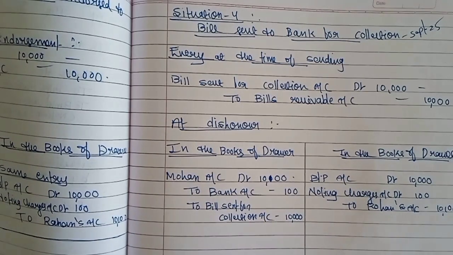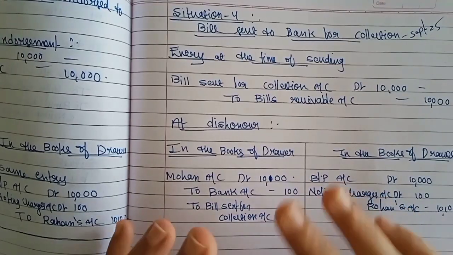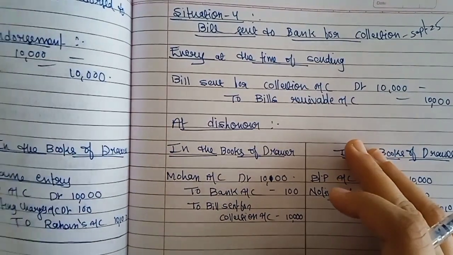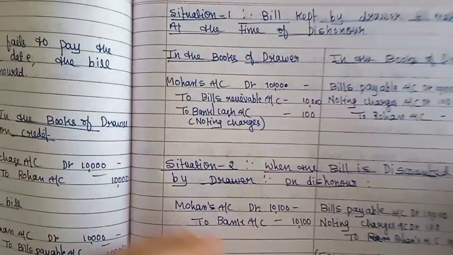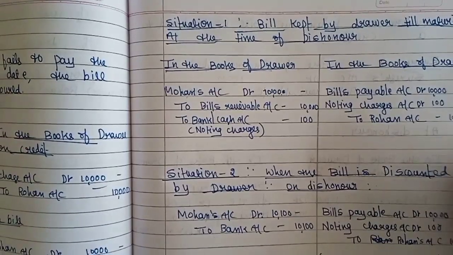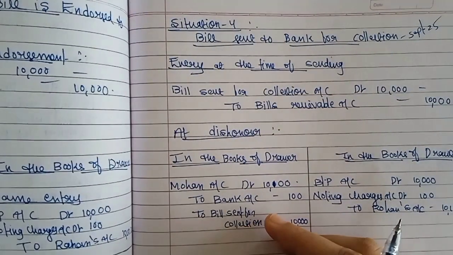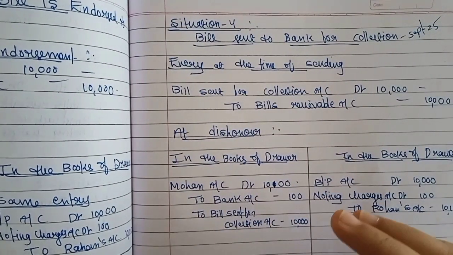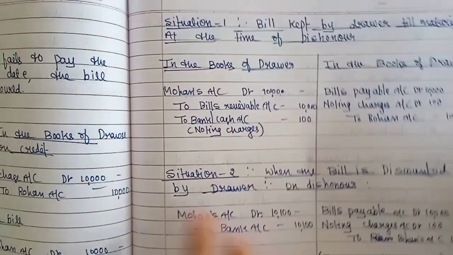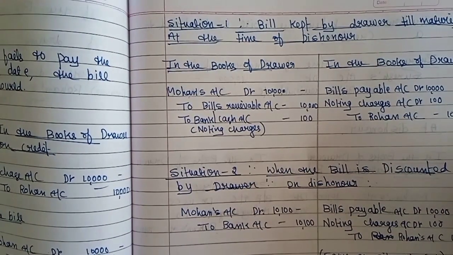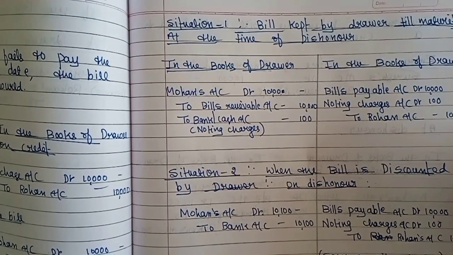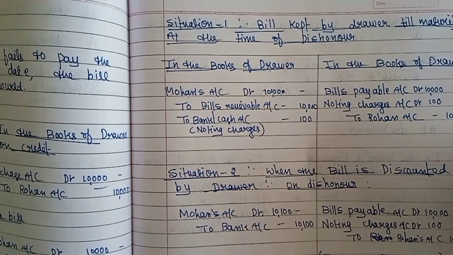Clear? So these are the four situations. First one is bill kept by the drawer till maturity, then the bill is endorsed to a creditor, the bill is sent to bank for collection, and the bill is discounted by the drawer. Clear?